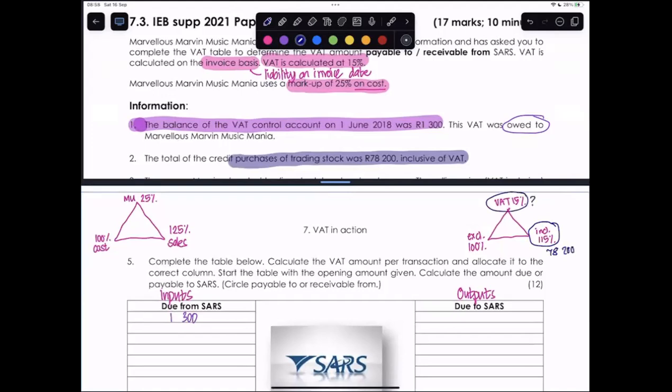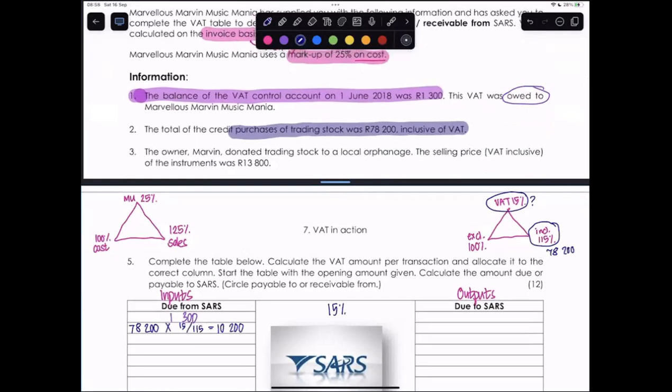Obviously, everything in this table is the 15% that we are looking for. So all that we'll do to get that amount, now obviously if it's purchases, we'd claim it from SARS, so we'd put it on the side of due from SARS, and we could show the 78,200 times 15 that we're looking for, divided by the 115, because it's the inclusive amount. And that would then give you 10,200 that you could claim back.